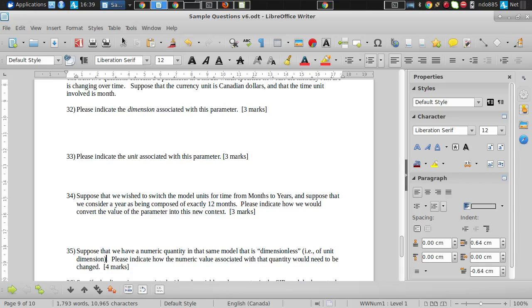Now, if I have a hazard rate, a chance per unit time, what are the dimensions associated with that? 1 over time. This is 1 over time. Probability per unit time. Probability here is dimensionless. It's a unit dimension. Okay.